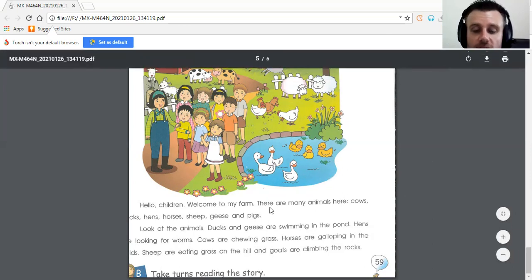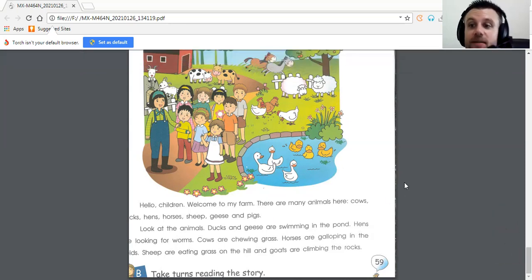What can we see? Horses, sheep, geese, pigs, all the vocabulary of the farm. Try to speak about this and try to read a bit.